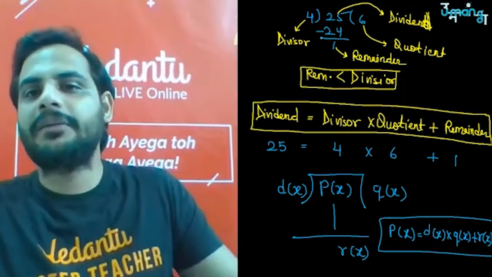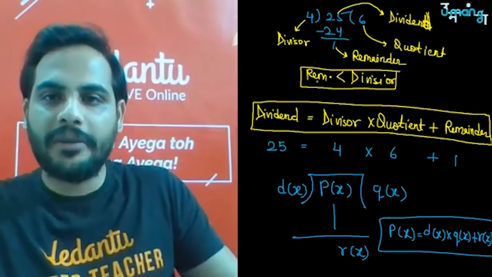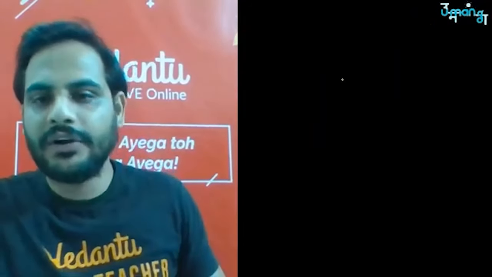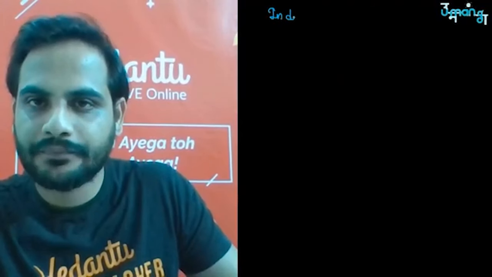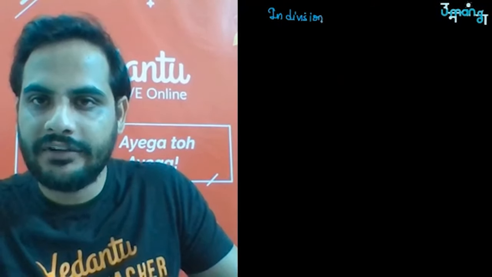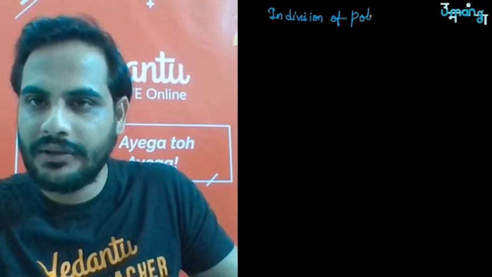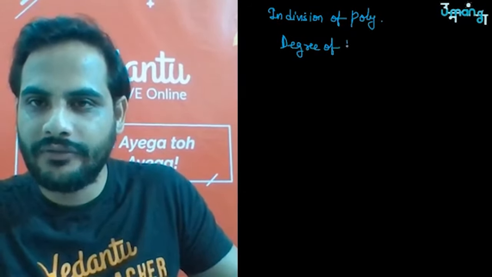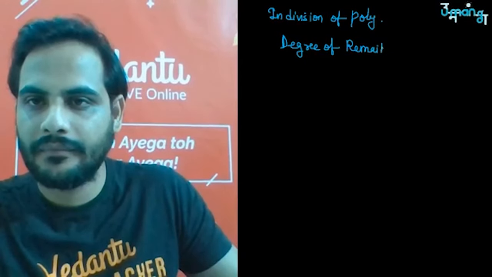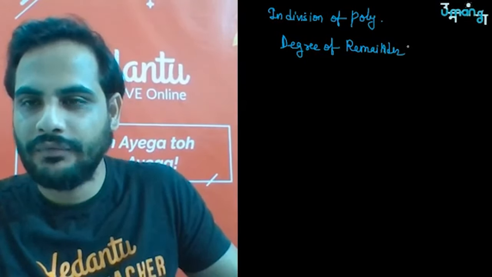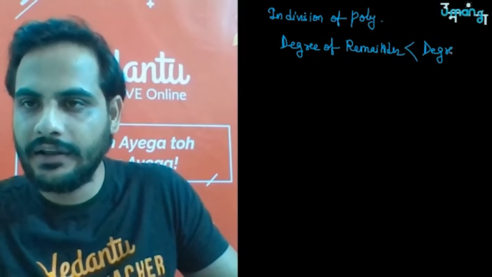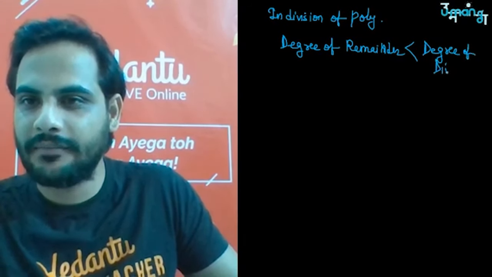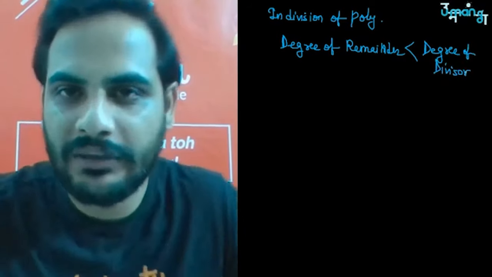Now, in the division of numbers, you know the remainder should be less than the divisor. When you divide polynomials, the main thing is that the degree of the remainder will be less than the degree of the divisor.